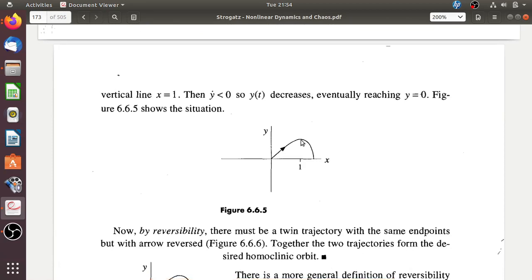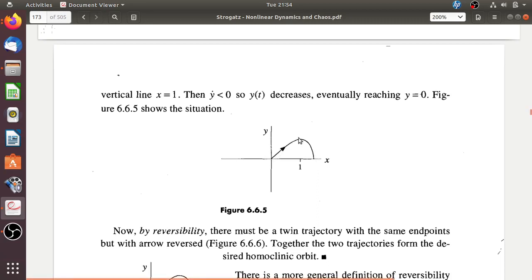Still, it's in the positive y region, so x will keep on increasing. Therefore we are observing an increase in x but a decrease in y. If this is going to continue, then at some point the trajectory will end up at the x-axis, the point where y vanishes.